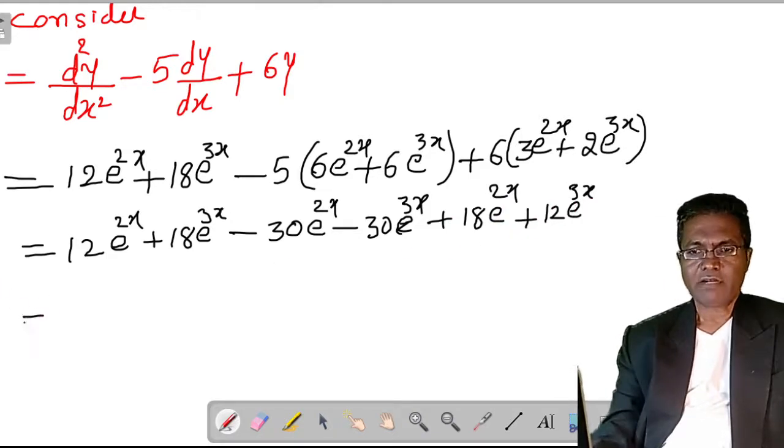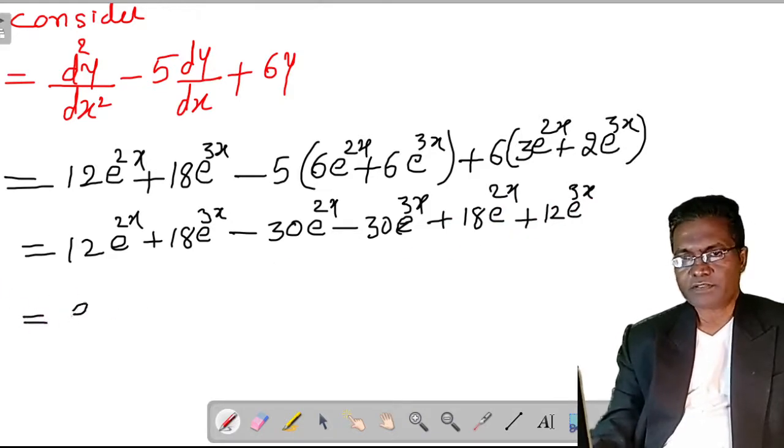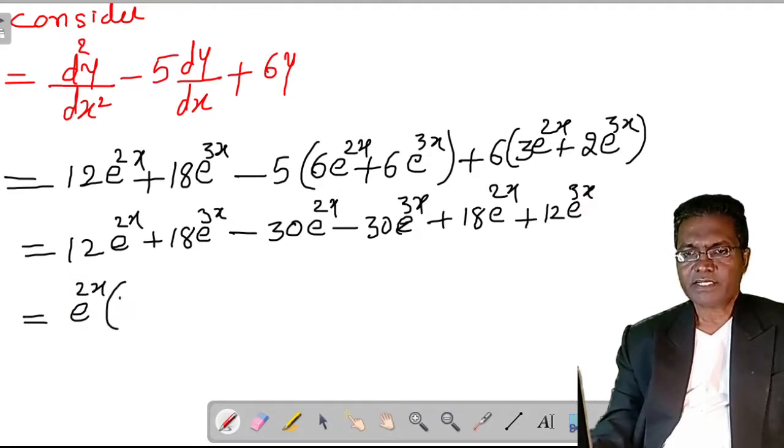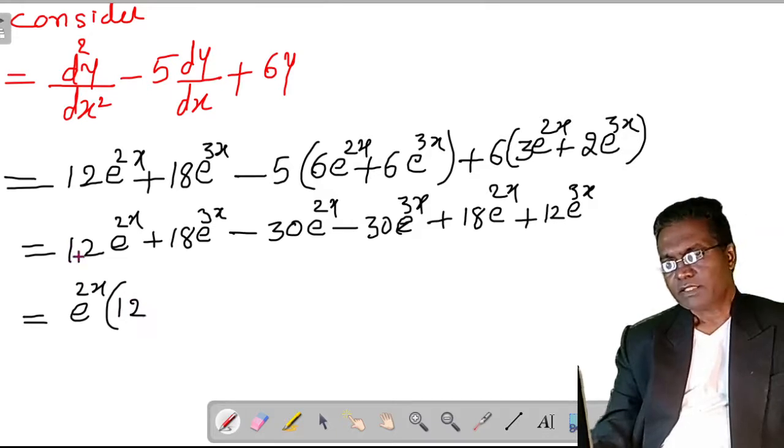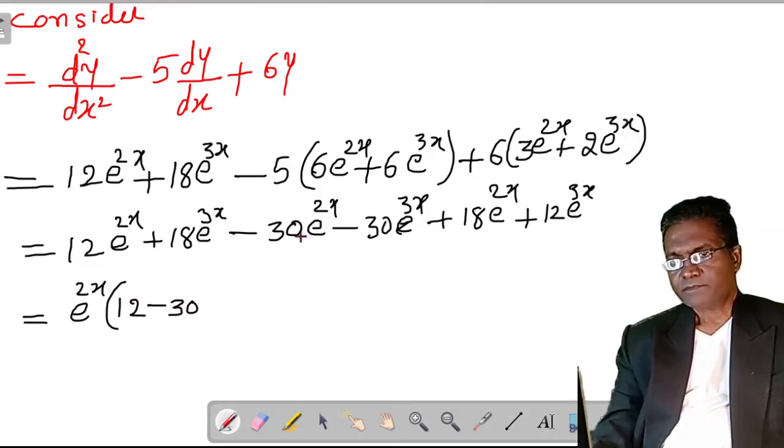Okay, now collect the terms with e power 2x. If you collect the terms with e power 2x, one can do directly. So better 12 minus 30 and plus 18.